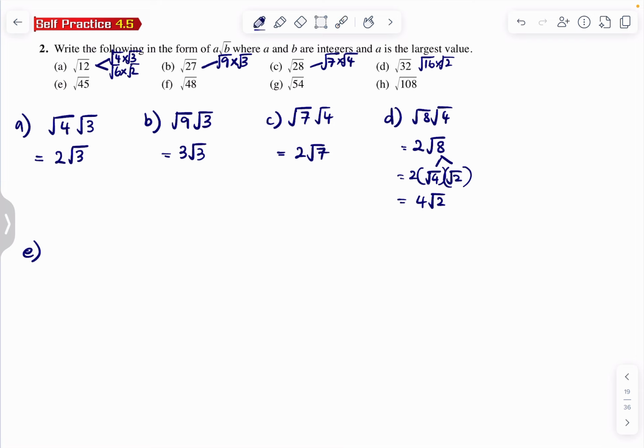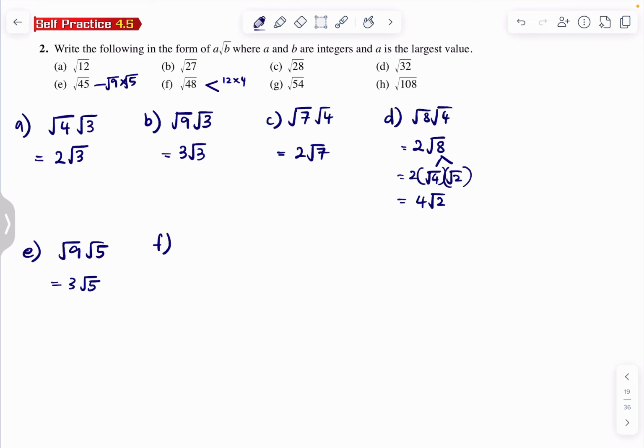Right, next, let me erase all these. E, 45. 45 is 9 times 5. So we can say root 9 root 5. Root 9 is 3 root 5. F, 48. 48 is 12 times 4.